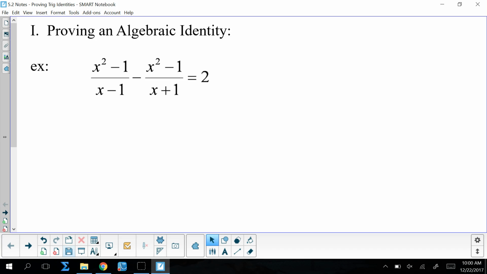So today, what we're gonna do is we're gonna start section 5.2. Now, 5.2 is going to build off of section 5.1. Okay? It actually combines them both. The first part of 5.1 was simplifying trigonometric identities.